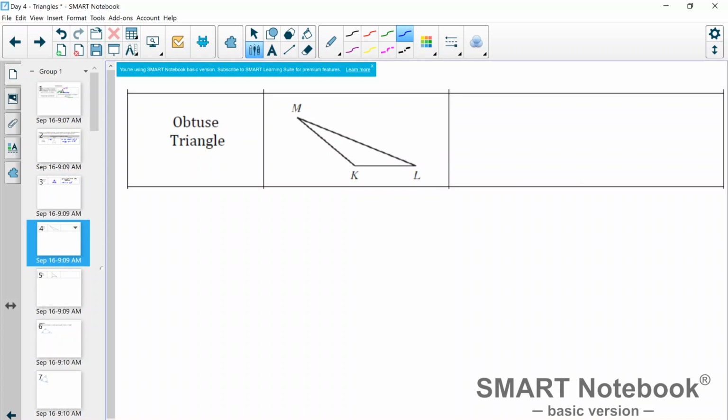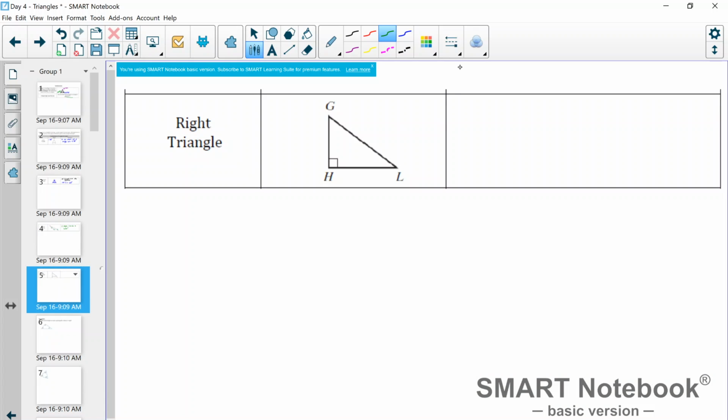An obtuse angle, or an obtuse triangle, is a triangle where one of the angles is greater than 90 degrees. So this means M and L can be acute angles, but here we see angle K. Angle K is going to be greater than 90 degrees.